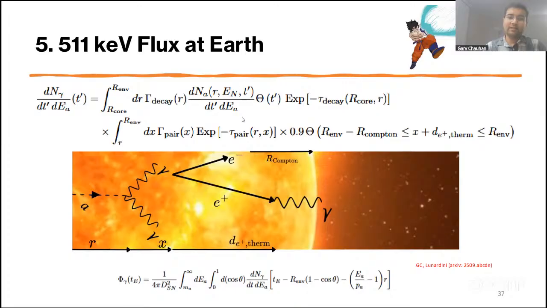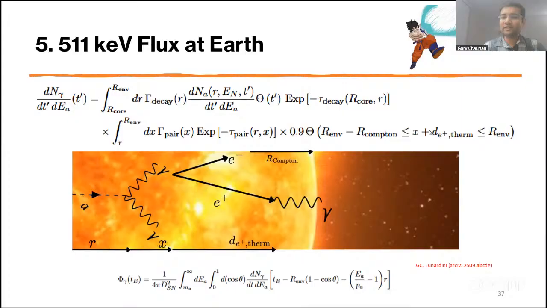Given the number of photons, we want to calculate how many of them pair produce. So this is the attenuation probability for propagating from some production point R to x, where the pair production takes place. The probability to actually pair produce is given by dx times gamma pair. So this combination calculates how many pairs you actually produce. 0.9 is the probability to actually annihilate at rest.